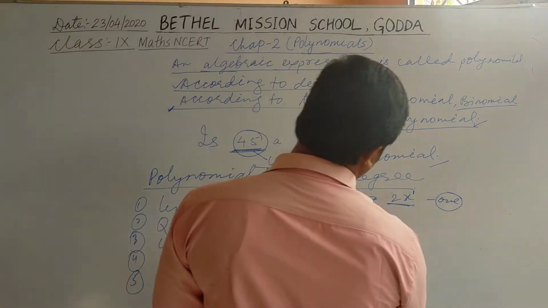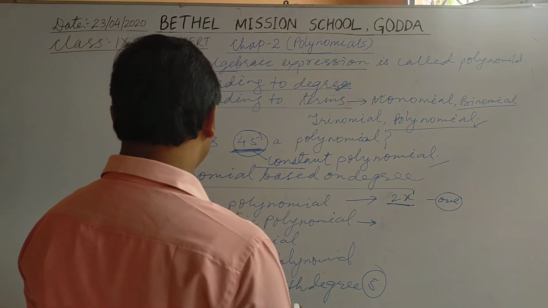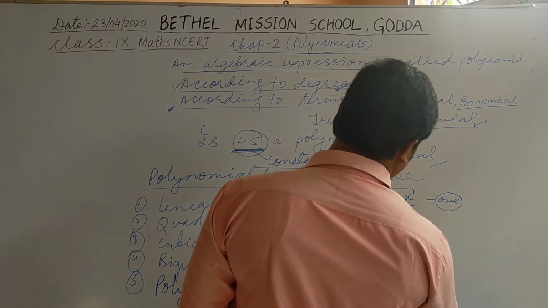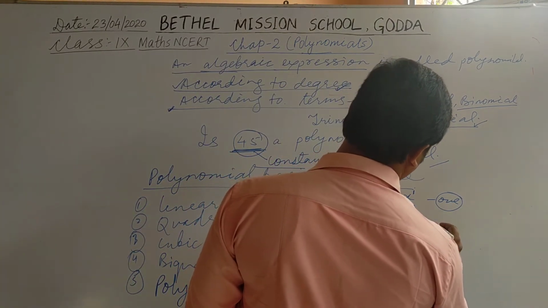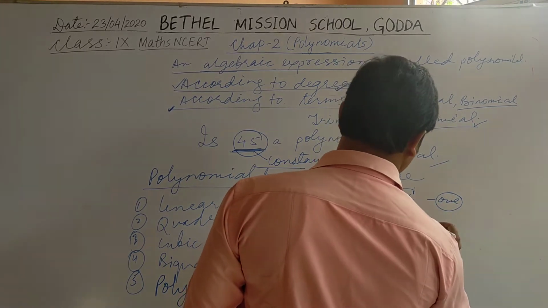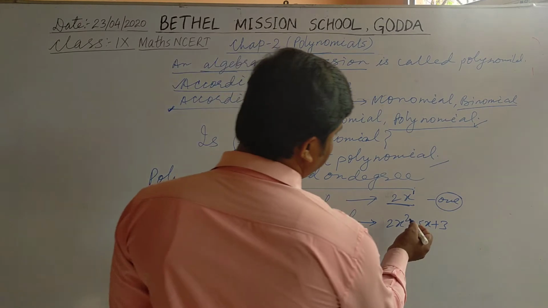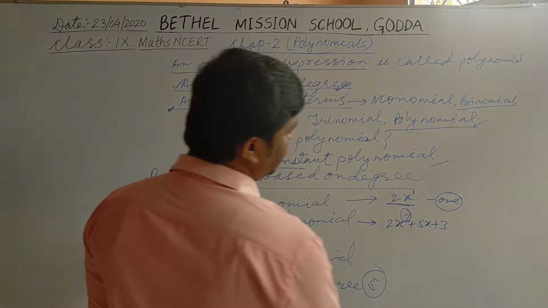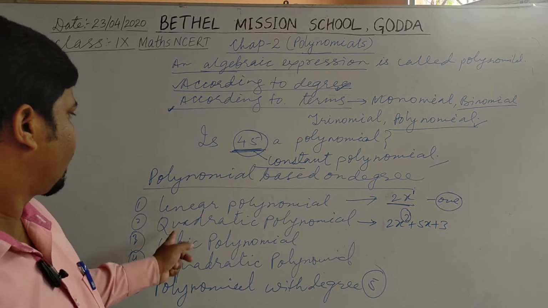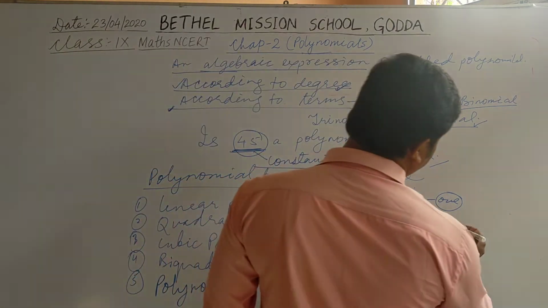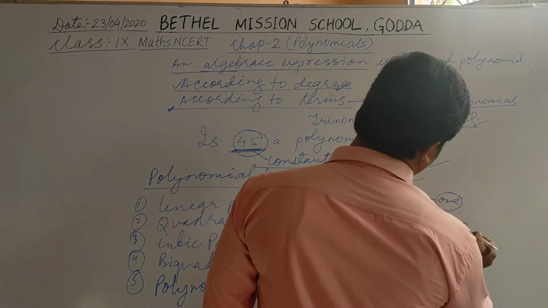Quadratic polynomial: 2x square plus 5x plus 3. You can see degree of this polynomial is 2. So that's why this polynomial is called quadratic polynomial.